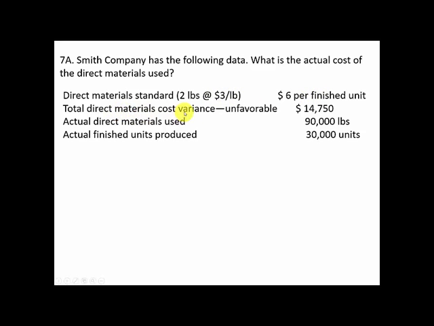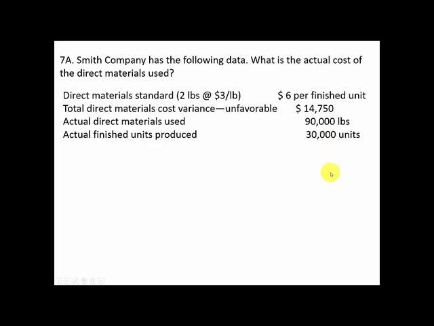Total direct material cost variance is unfavorable to the tune of $14,750. In other words, our actual costs were more than what the standard calls for by $14,750. Actual direct materials used were 90,000 pounds and actual finished products produced was 30,000 units.